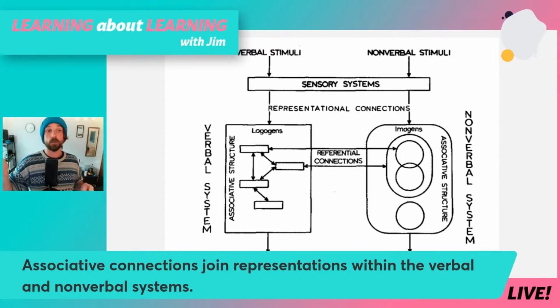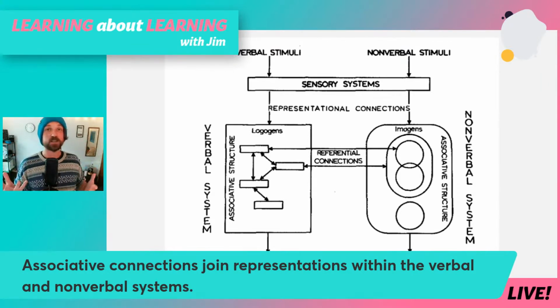And then non-verbal associative connections, we've touched on these already. It would be the image of a dog, the feel of my hand stroking a dog's fur, or the smell of a wet dog, or the feeling of fear when that comes into my head.